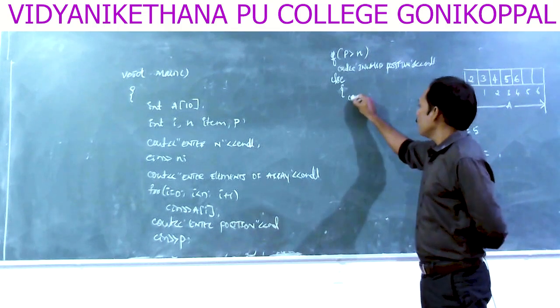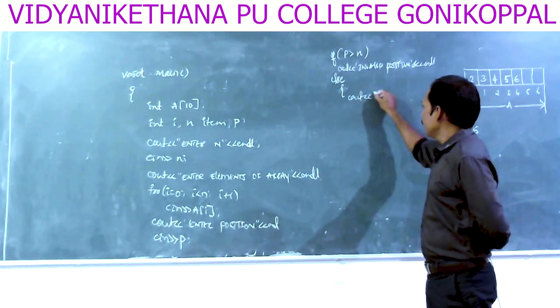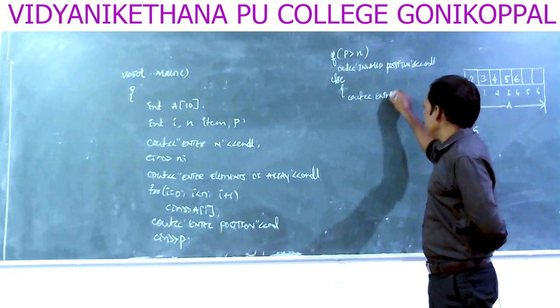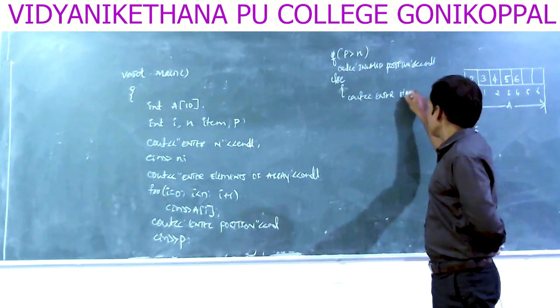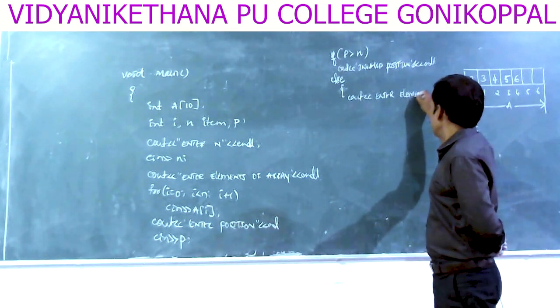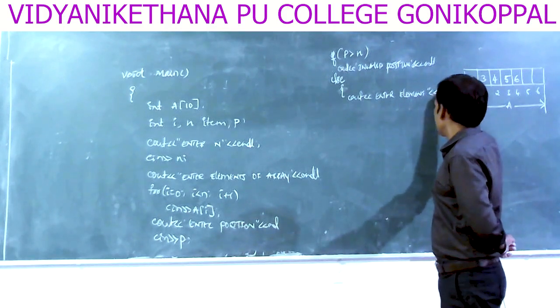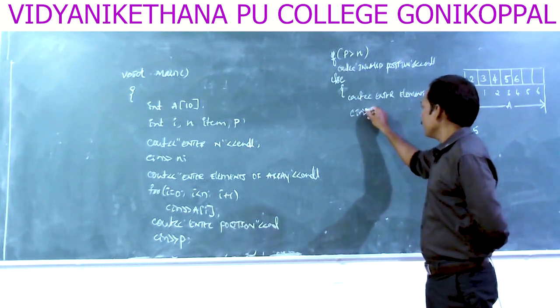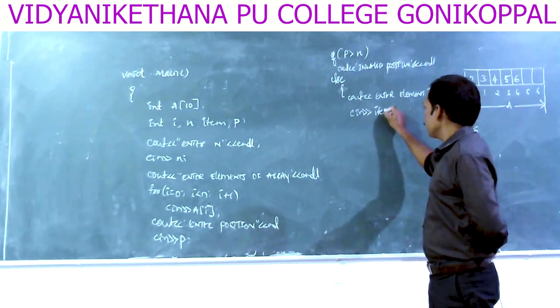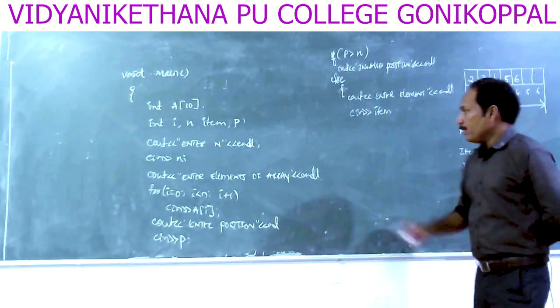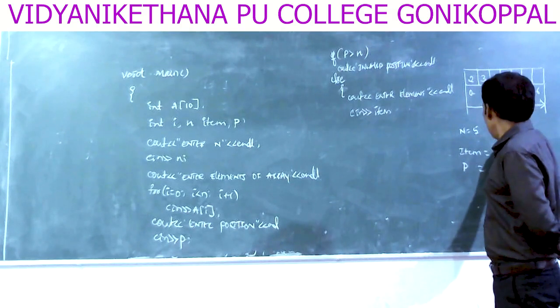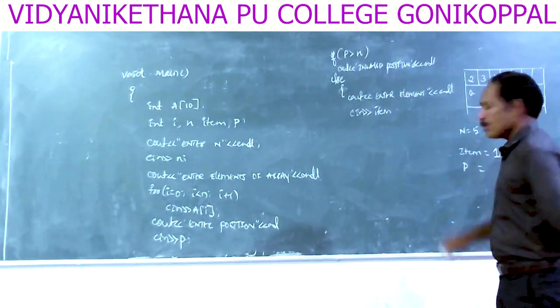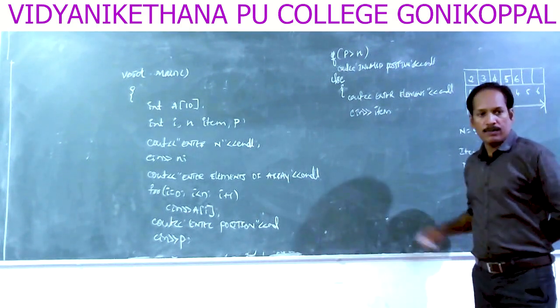So cout "enter the element to be inserted", enter an item, whatever you took. In this case I took the variable name item. Suppose you input 1, then item contains the value 1.